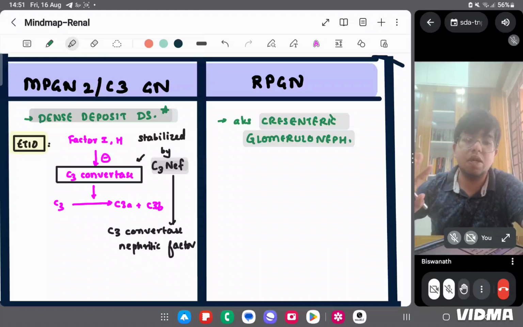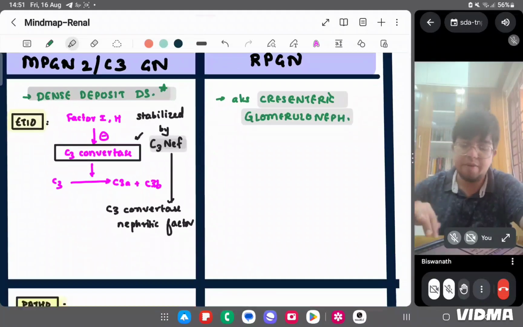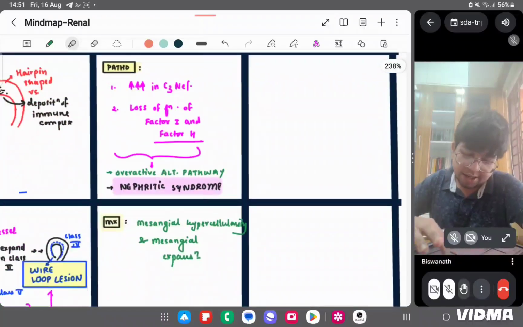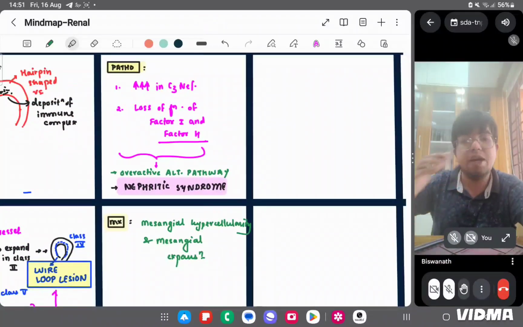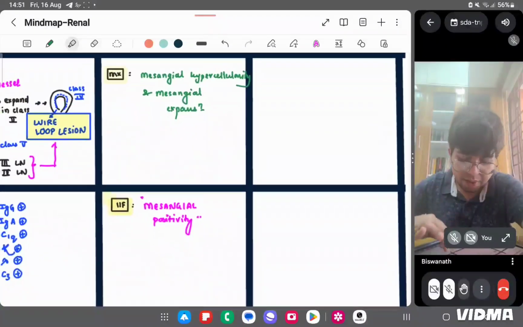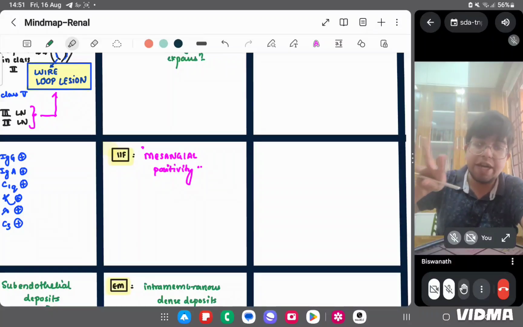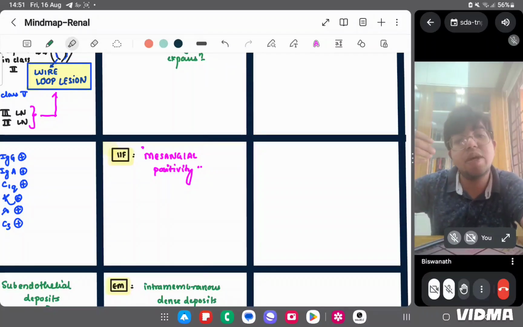You don't need to go into much detail. Let's talk about pathogenesis, and then we'll talk about how the microscopy appears, that is the crescentic shape. Then we'll talk about immunofluorescence. On the basis of immunofluorescence, we classify it into three types.